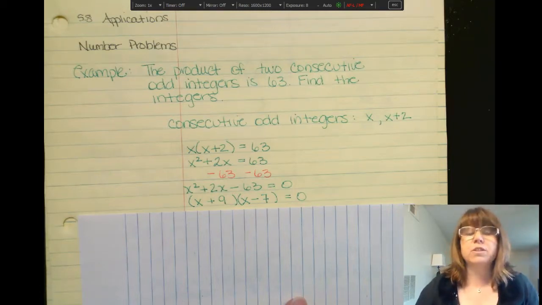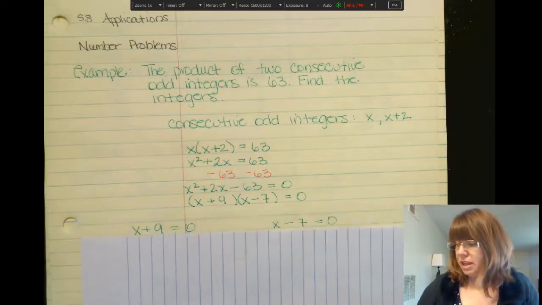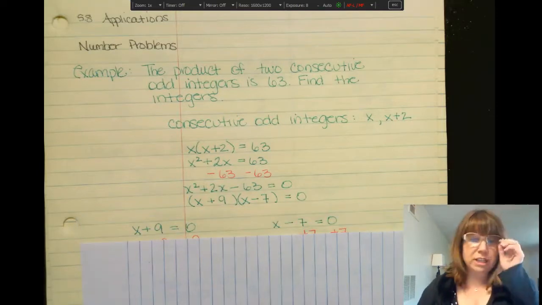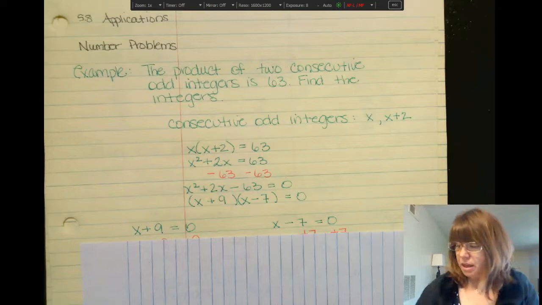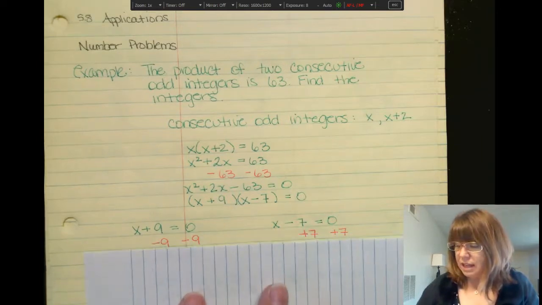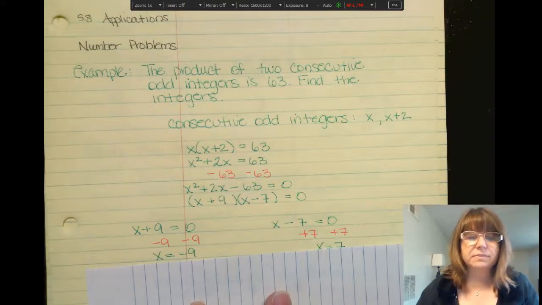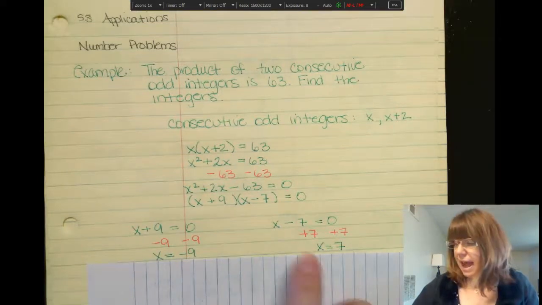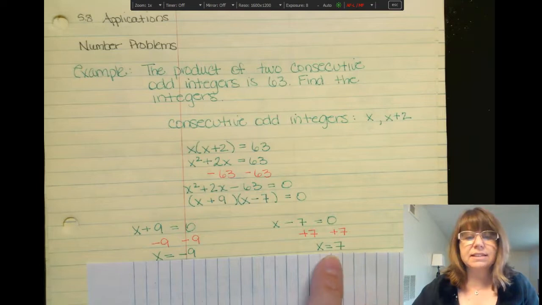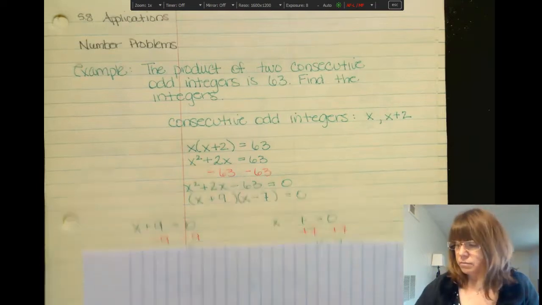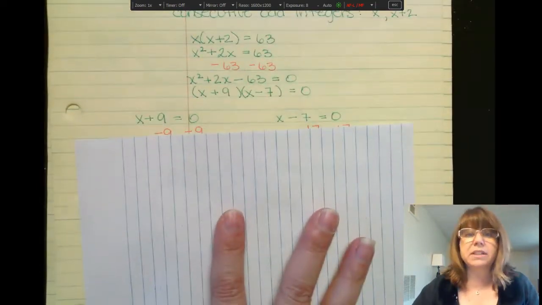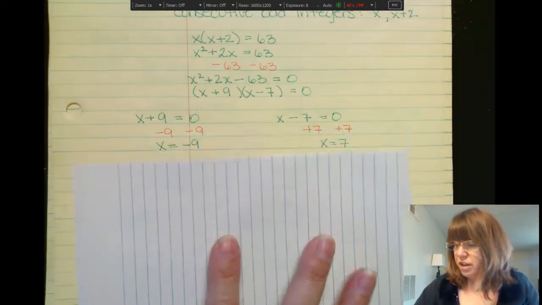Using my zero factor property, I'm going to break those apart and set each equal to 0. For the first one, subtract 9, and therefore x equals negative 9. For the second one, I'm going to add 7 to both sides, x equals 7. So here are the possibilities of my odd integers.